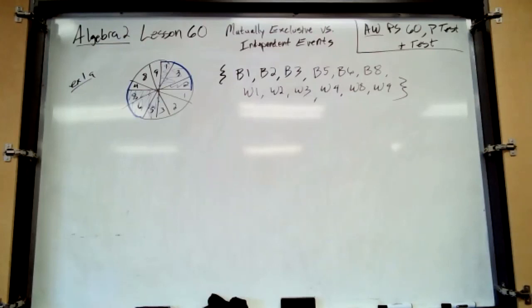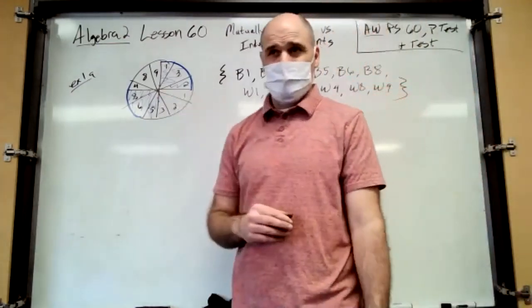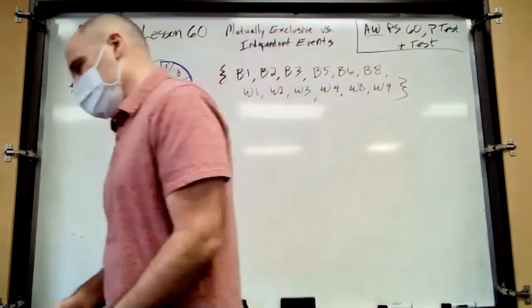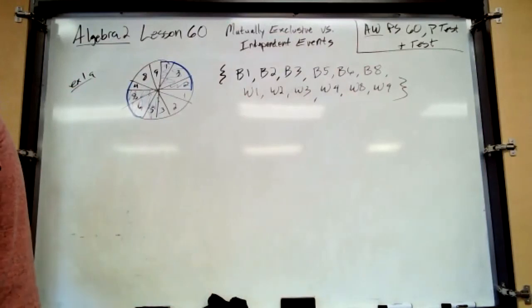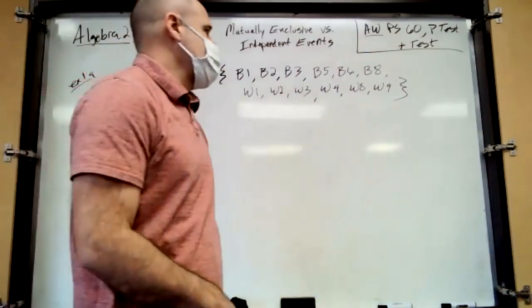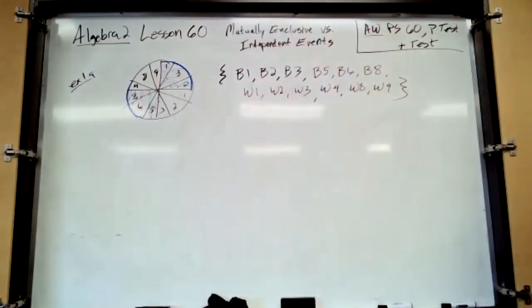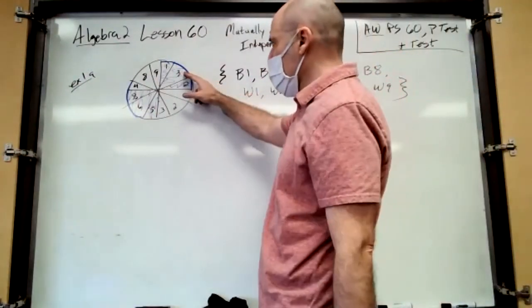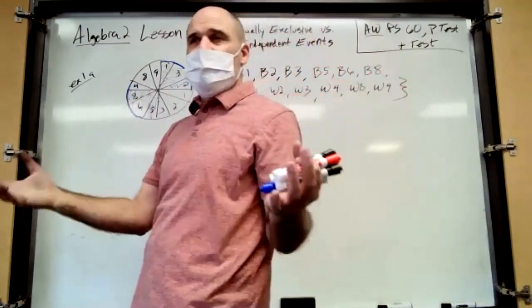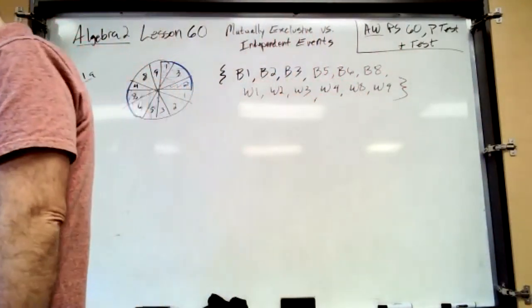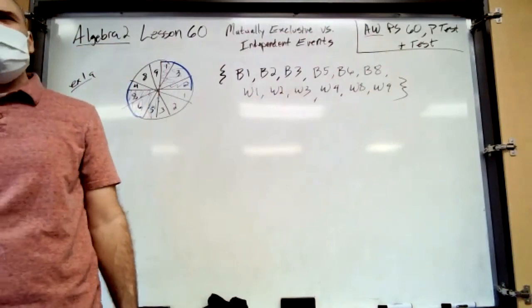Disjoint, yes, because there's no blue 4s, right? So they're disjoint, okay? What about B? The spinner landing on a blue sector and the spinner landing on a 3, disjoint or inclusive? Inclusive, right, because there is a blue 3. So you might get a 3 in both scenarios, okay? You guys understand the difference?